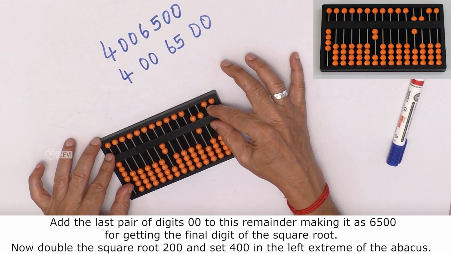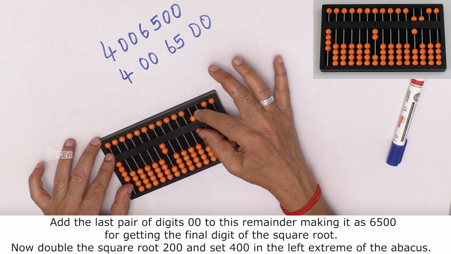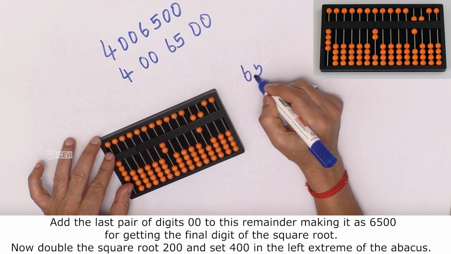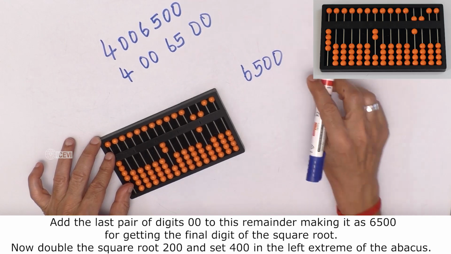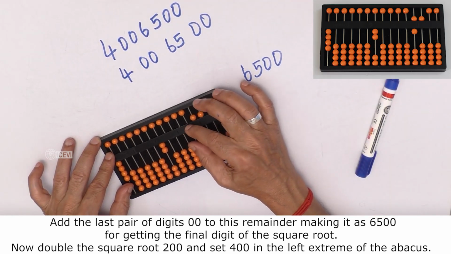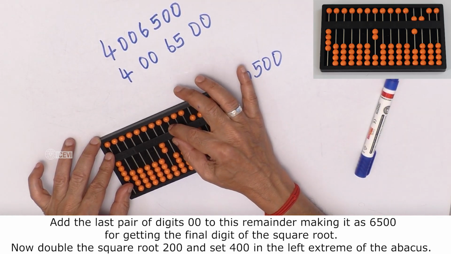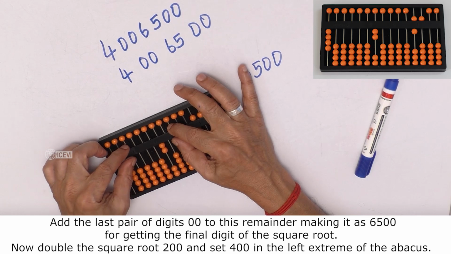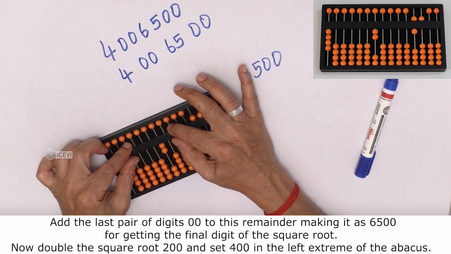Add the last group of 0, 0 to this remainder, making it as 6,500 for getting the final digit of the square root. Now, double the square root 200 and set 400 in the left extreme of the abacus.